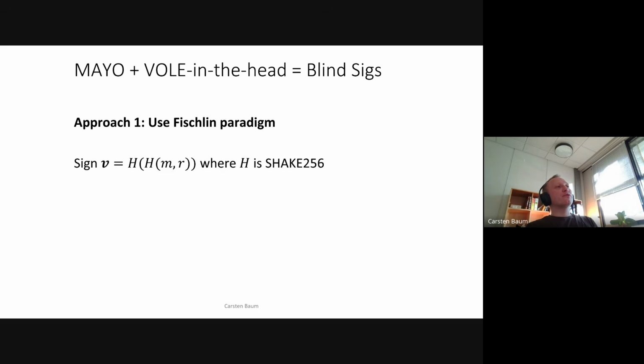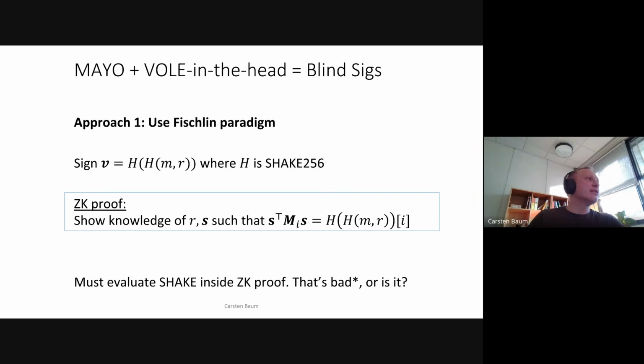For that, we have to run SHAKE, or SHA-3, on the public message, and we have to evaluate it inside zero knowledge. And usually, if you ask any person who designs ZK proofs, they tell you, please never hash with SHAKE inside the ZK proof. That's what special ZK-friendly hash functions are for.